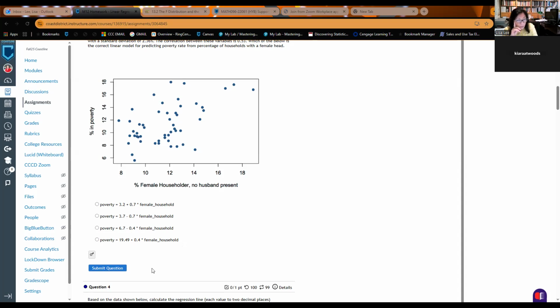Now we have to think about the y-intercept. Where is the number alone by itself? That's what we call the y-intercept in algebra, and in statistics it would be the point where our regression line cuts the vertical line. So you have to think about it.